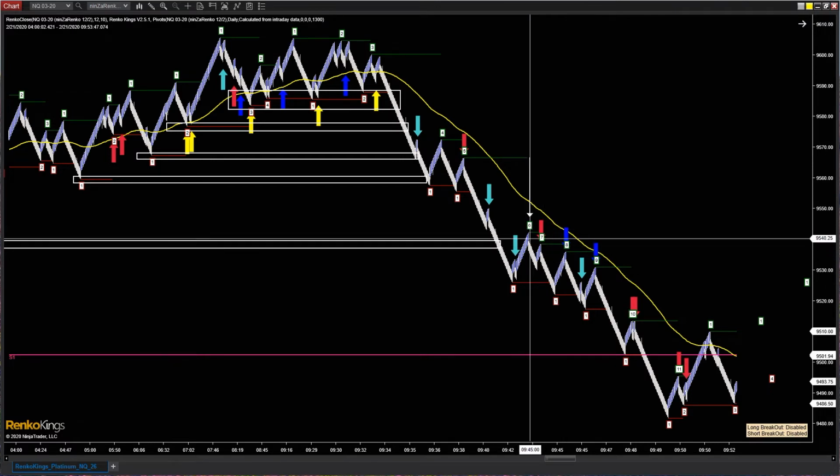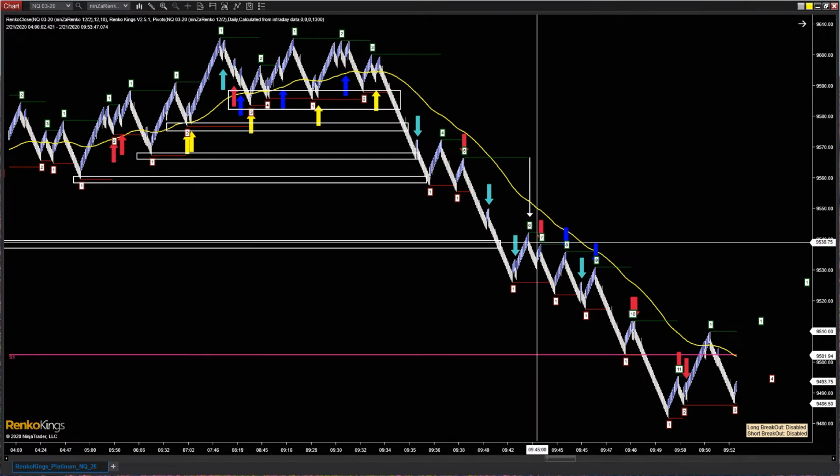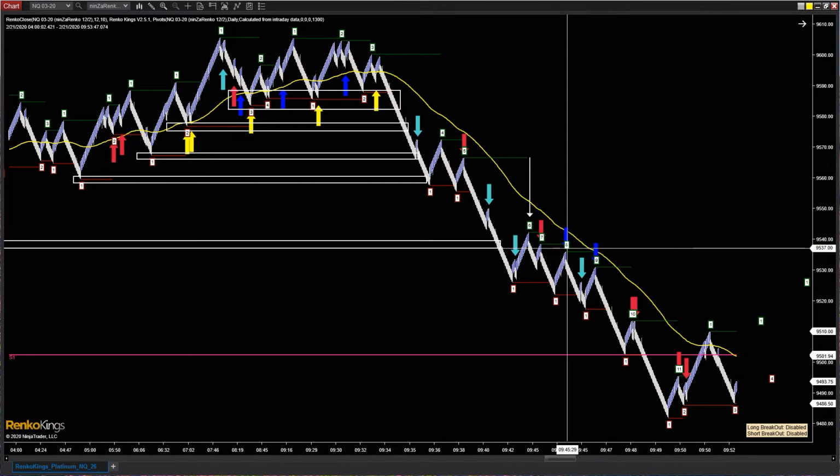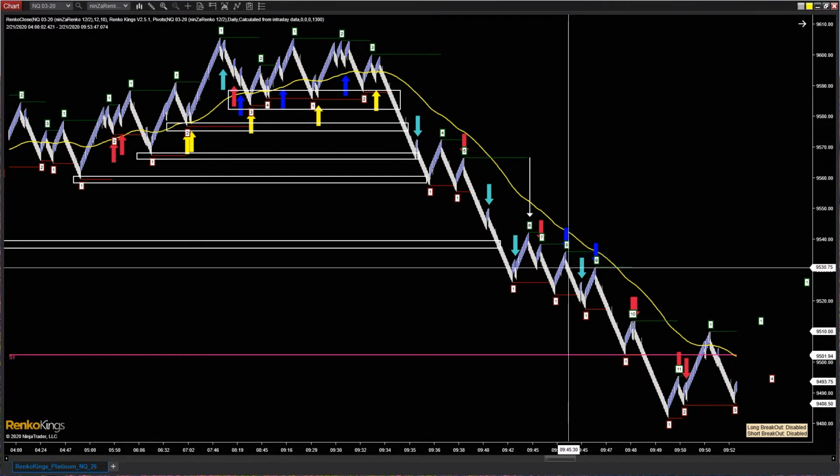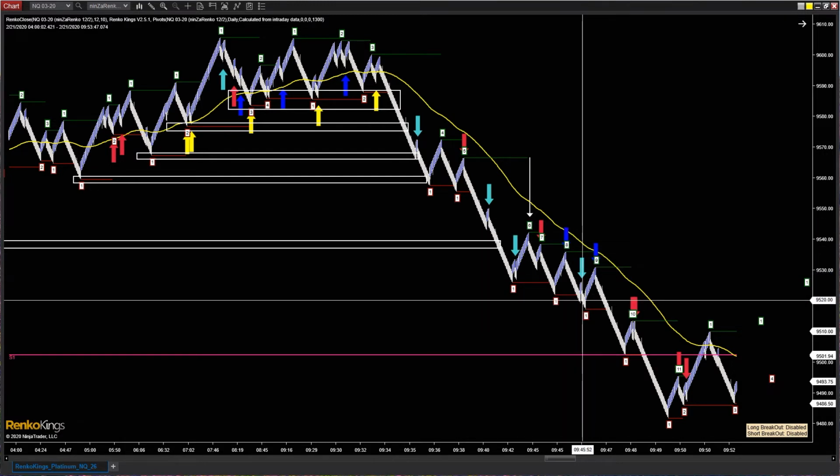I had a double top here between 6 and 7, and I have another double top between 7 and 8. Yeah, I can take that trade, and you would have had profit again.